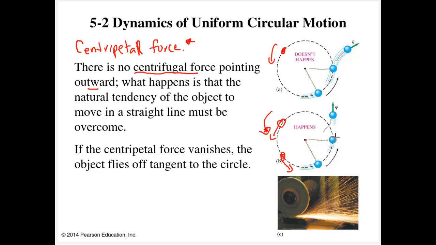Suddenly right here the string breaks, it has its tangential velocity, and Newton's first law says there is no longer a force acting on this guy, therefore it is going to continue in uniform motion in the direction that it was going. No forces now, and so it goes off in that direction. What doesn't happen right here is there is no outward force pushing this guy outward, so it doesn't veer off to the side like that. It has no memory of where it was.